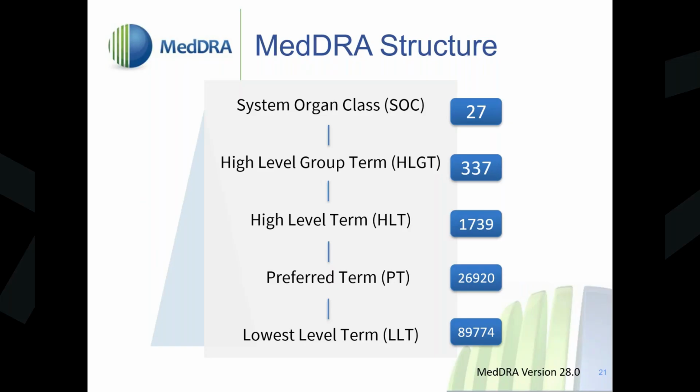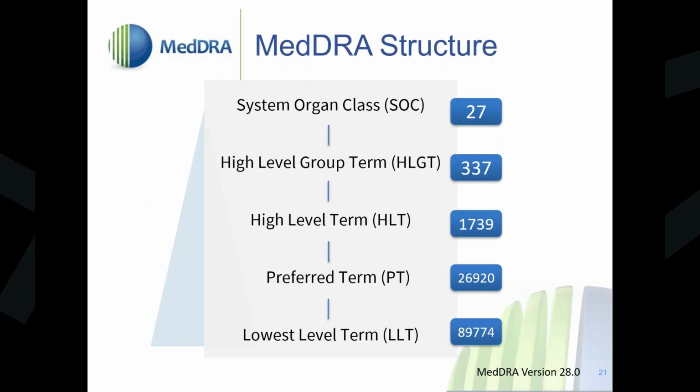And then related HLTs also get grouped together at the high level group terms, or the HLGT, and those again get grouped together under the system organ classes. We call them SOCs. And there's only 27 system organ classes that are classified either by site of manifestation or etiology or purpose.